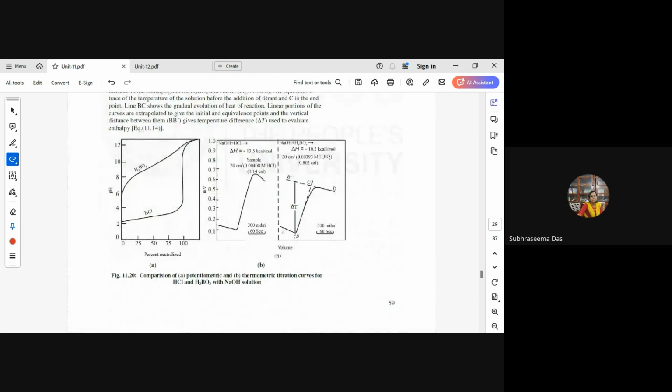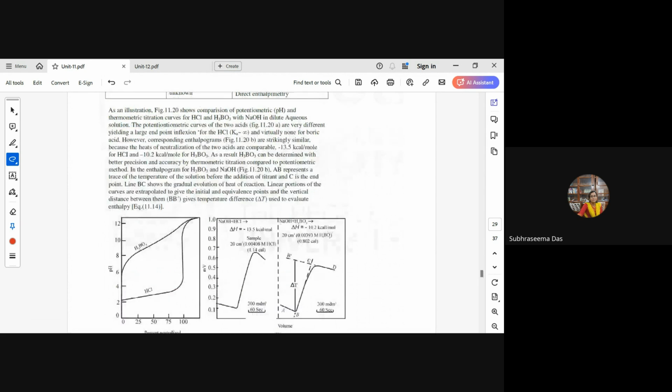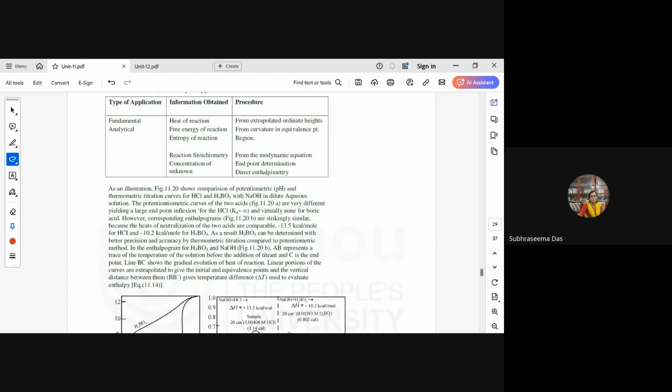As we look into figure 11.20, a comparison of potentiometric titration and thermometric titration curves for HCl and H3BO3 with NaOH solution is given. The potentiometric curves for the two acids are very different, yielding a large inflection point. However, in the corresponding enthalpograms shown in figure 11.20b, we find that they are similar to each other, and their heats of neutralization are comparable.